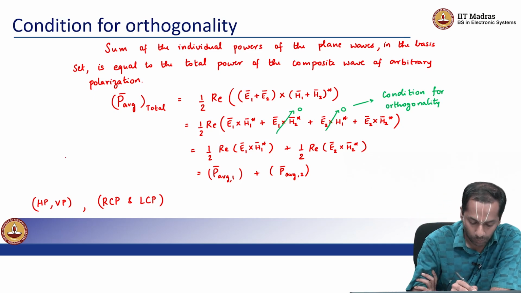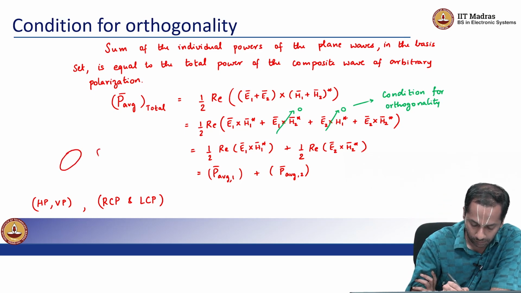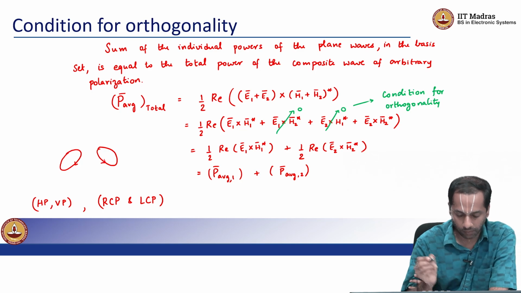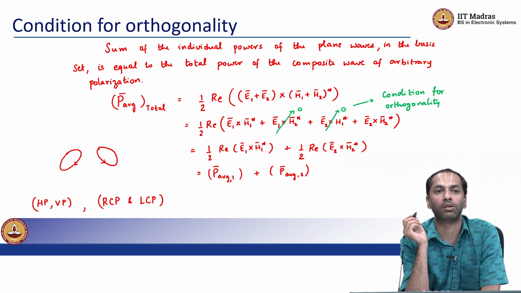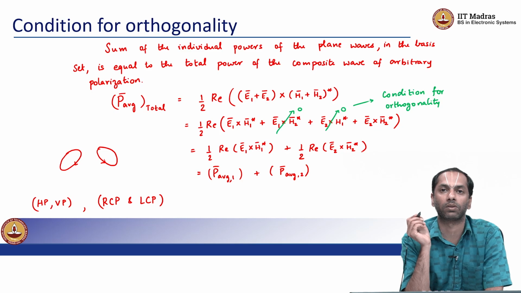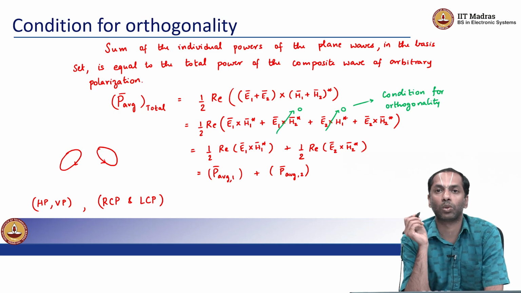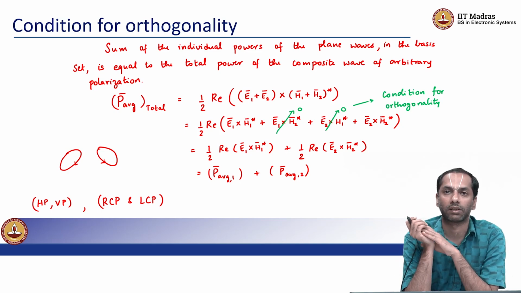Even elliptical polarizations can be orthogonal. I can actually find two elliptical polarizations that are also orthogonal, right. So remember that the condition for orthogonality is not about something being perpendicular to something, right.